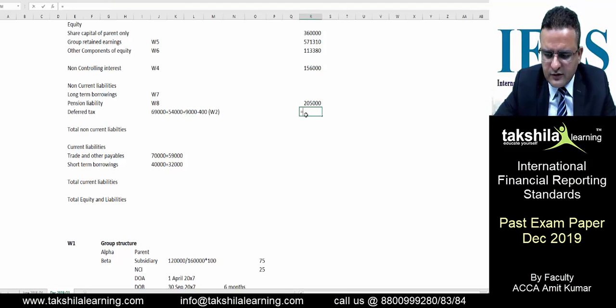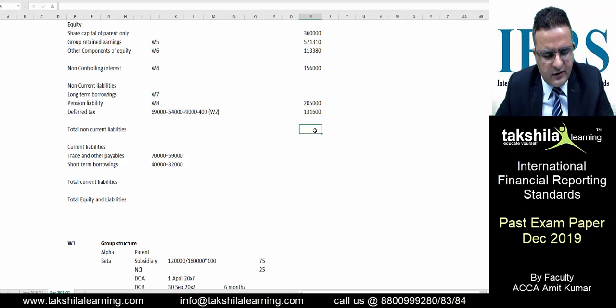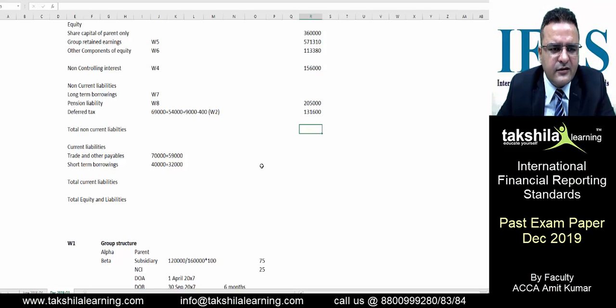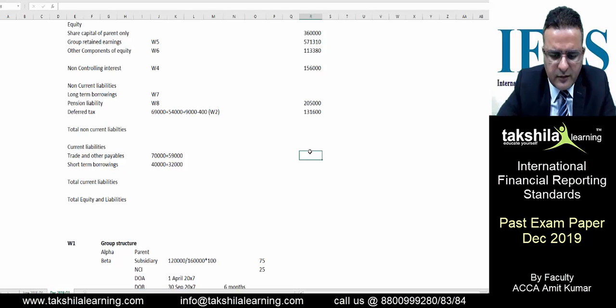So equals 69,000 plus 54,000 plus 9,000 minus 400. 13,160 is the deferred tax liability balance. Trade and other payables 70,000 plus 59,000.